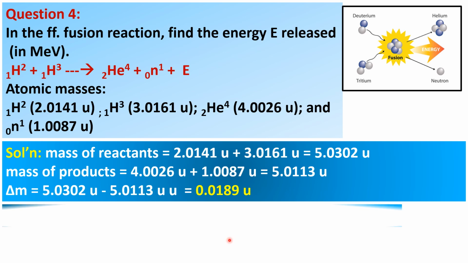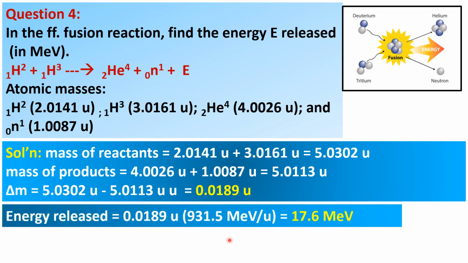We then convert this to its equivalent in million electron volts by multiplying that by 931.5 million electron volts per atomic mass unit. So we get the amount of energy released in this fusion reaction, which is 17.6 million electron volts. So this is the answer to our question.